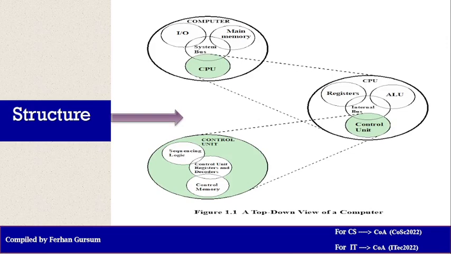Main memory or toward the CPU. The computer contains input output devices, main memory, and the CPU, which means the brain of the computer. The CPU contains what? Registers, the arithmetic logical unit, and the internal bus. This internal bus is what? It connects them. When we say bus, it's what?